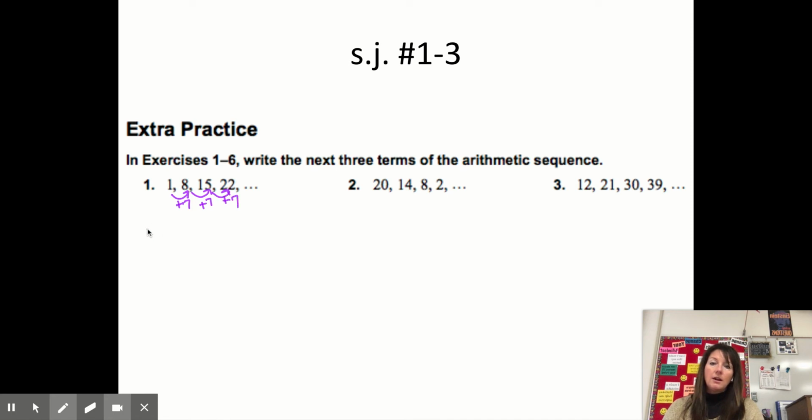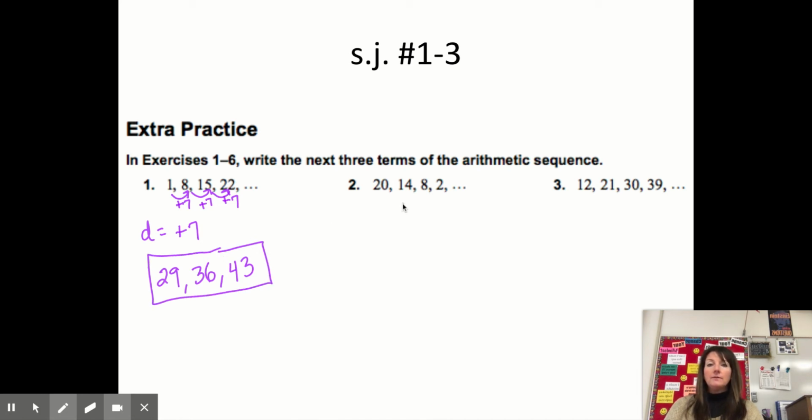So our common difference in this case is adding 7, or it's a positive 7. So then this is the first term, second term, third term, fourth term. 22 plus 7 would be 29. 29 plus 7 is 36, and 36 plus 7 is 43. So these are the next 3 terms.